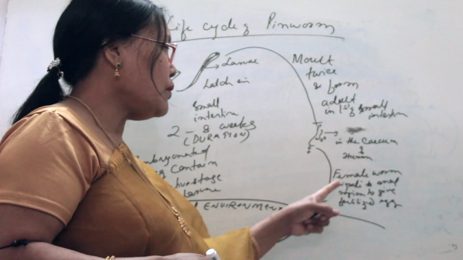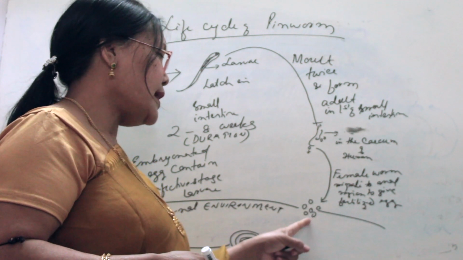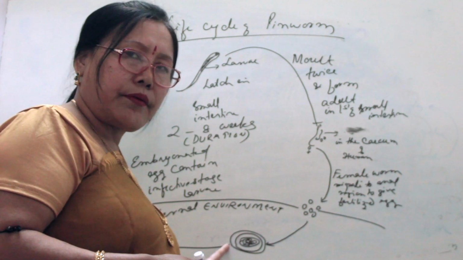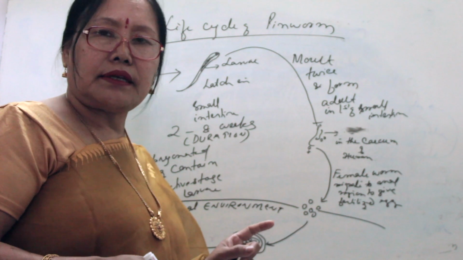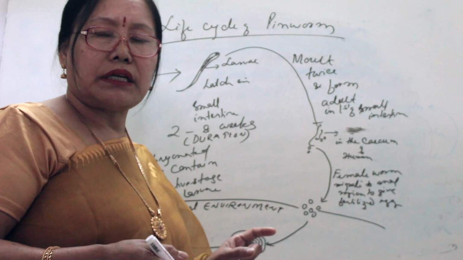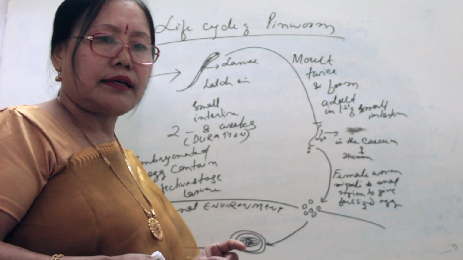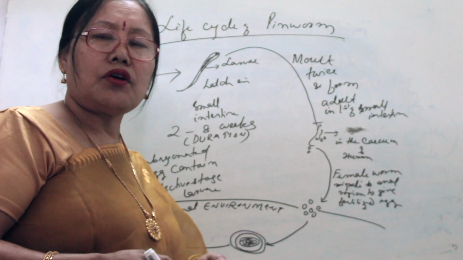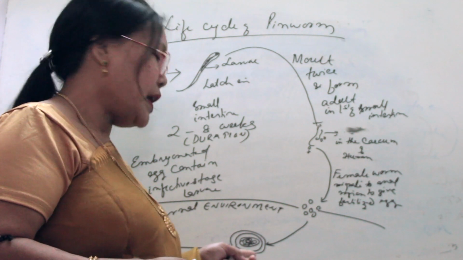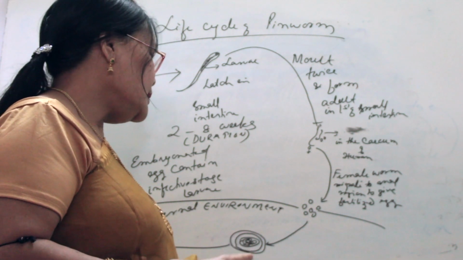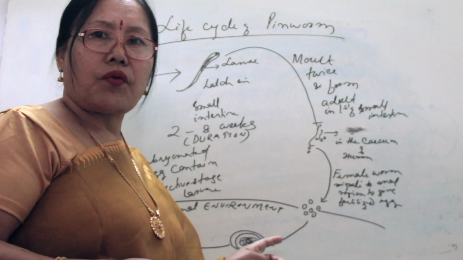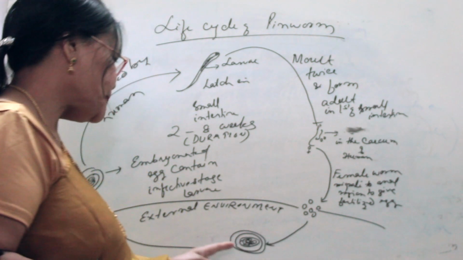So the female worm gives out fertilized eggs, and these can be present in the environment. They can be present in contaminated water, contaminated food, or in the contaminated bedsheet or toys, etc. The embryonated egg can live about 72 hours in the environment.